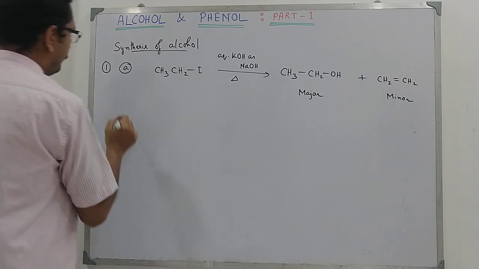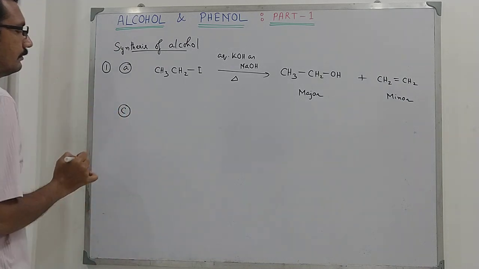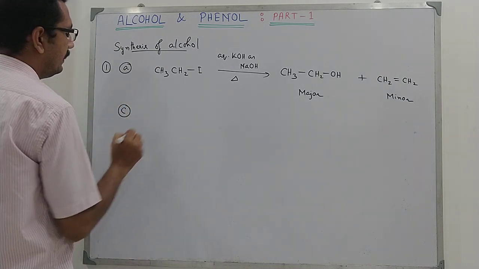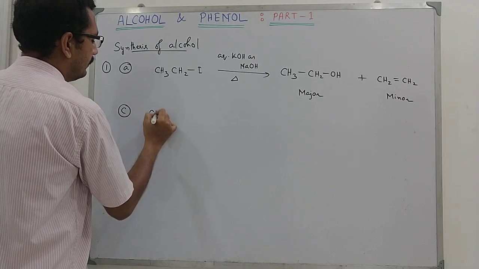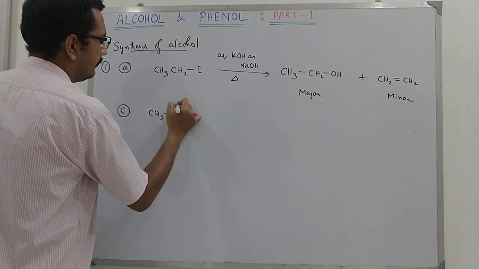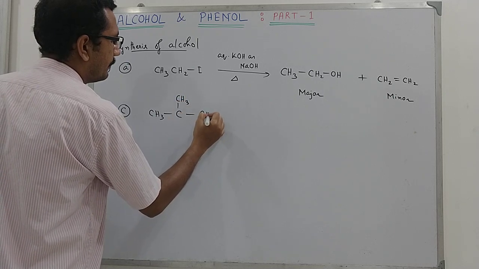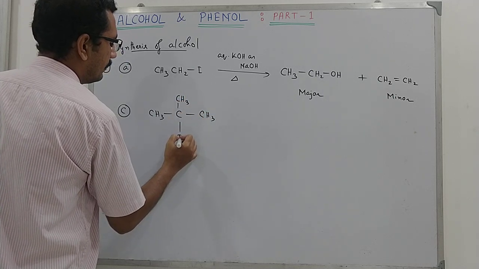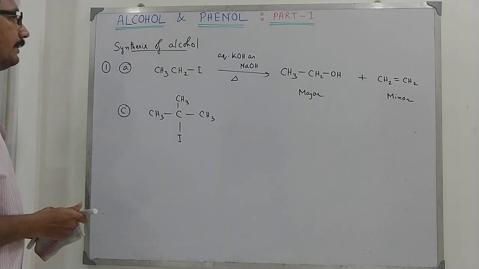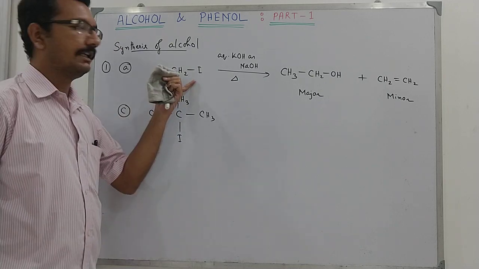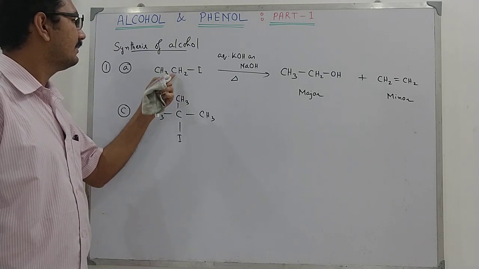Now after B we have the reaction C. If we try with tertiary alkyl halide, here it was 1 degree halide, 1 degree alkyl halide.